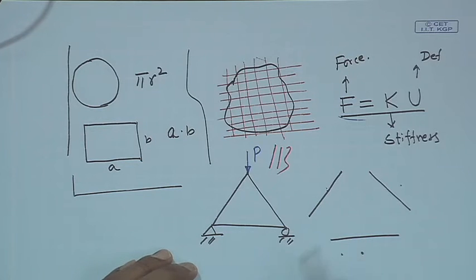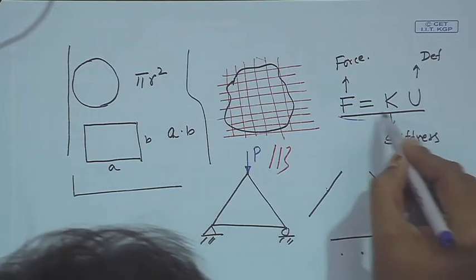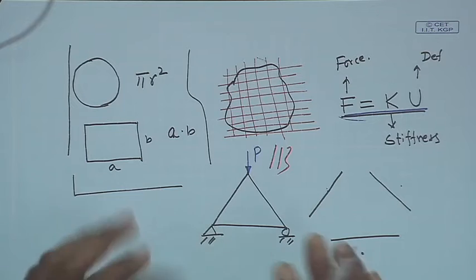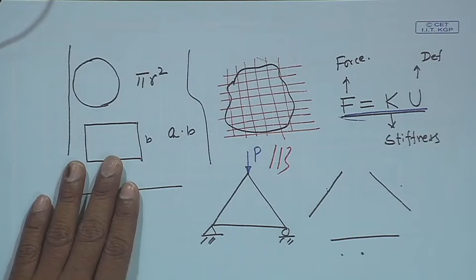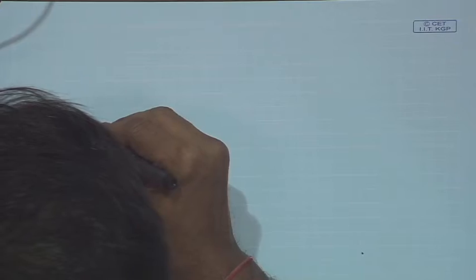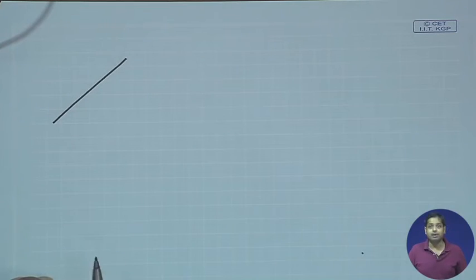Now, let's see how it can be done. Take any truss member, and we already know that truss members are two force members.